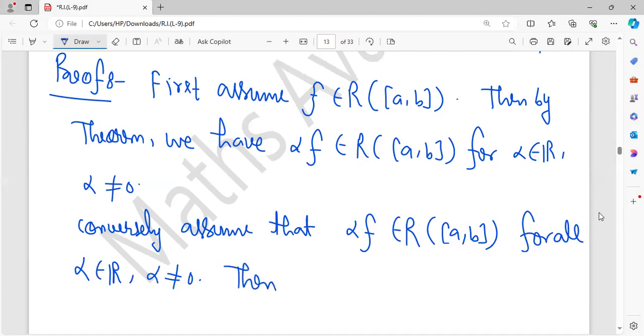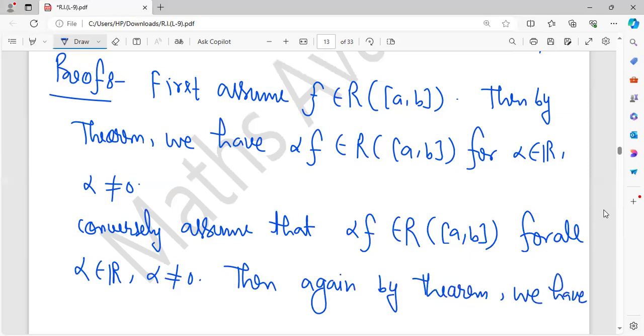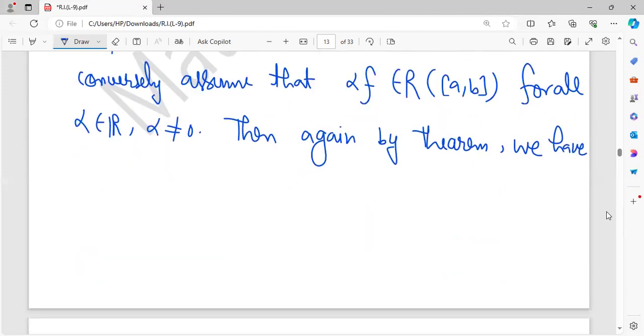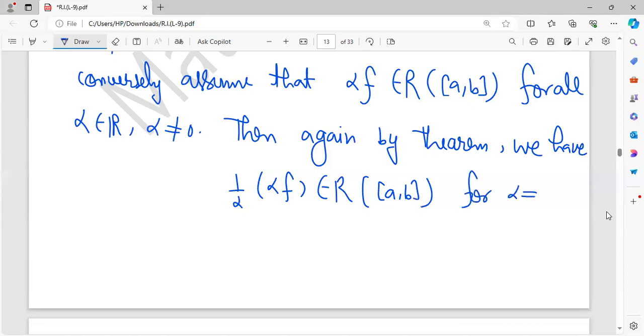Then again by the theorem we have, because alpha f belongs to R[a,b], this will imply (1/alpha) times alpha f belongs to R[a,b], for alpha non-zero.